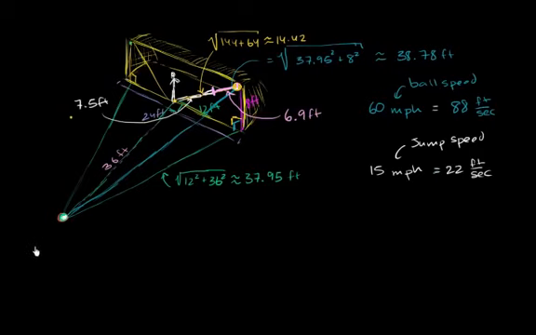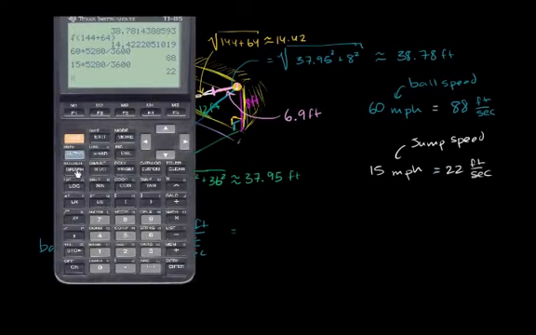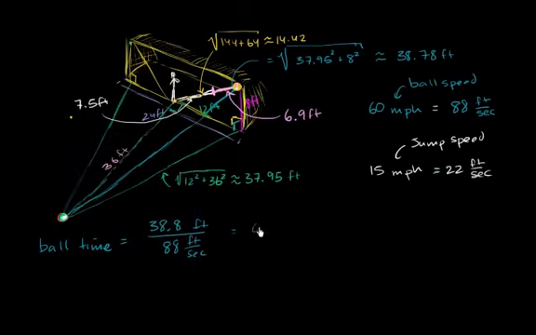So the ball time is going to be equal to 38.8 feet, I have to make a lot of rough assumptions here anyway, divided by 88 feet per second, which is equal to 0.44 seconds, or 44 hundredths of a second.